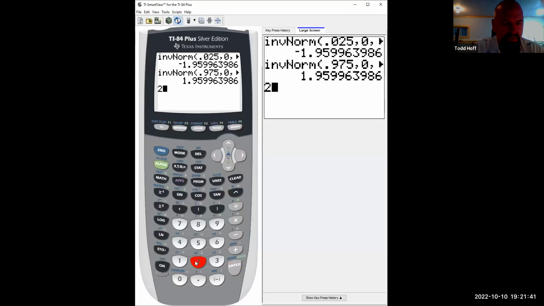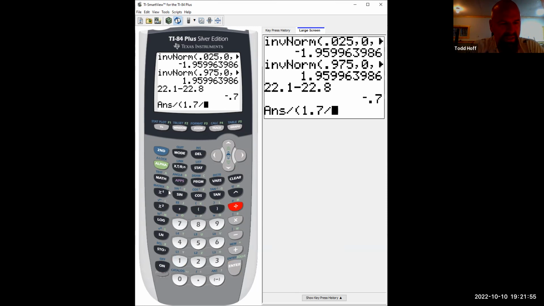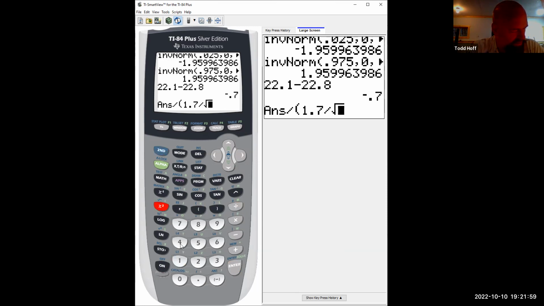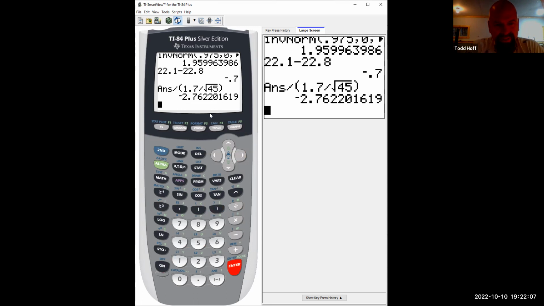So 22.1 minus 22.8. So we get a negative 0.7 years, and this is going to be divided by, now in parentheses here, I put my standard deviation of 1.7 divided by the square root of my sample size of 45. Make sure I get out of there and close my parentheses. And I get a negative 2.762 as my test statistic.